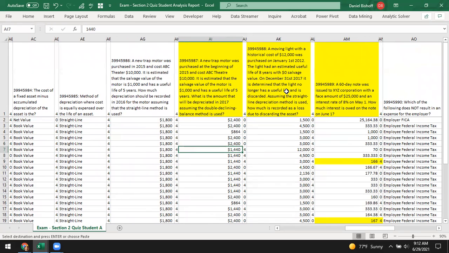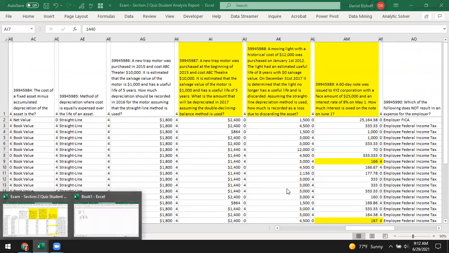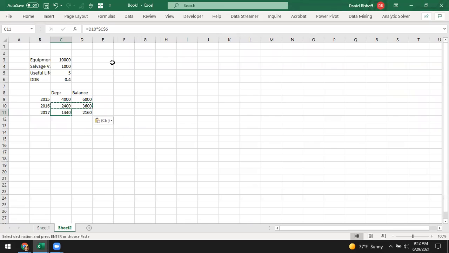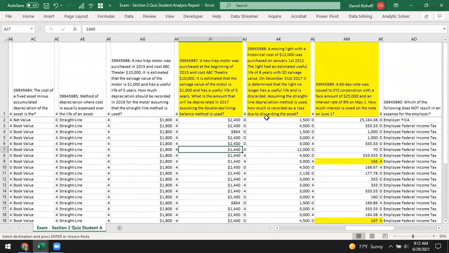Next question is really similar. It's asking how much is recorded as a loss due to discarding the asset. Again, this is a problem where if you would have adjusted your homework just slightly, you probably would have got the right answer. But let's get this one set up.